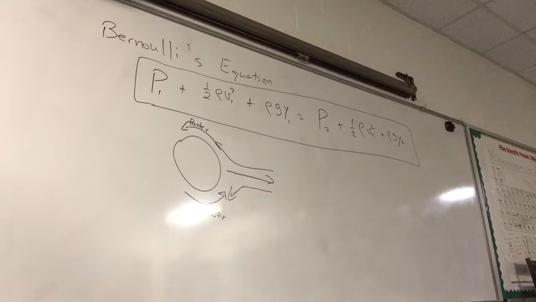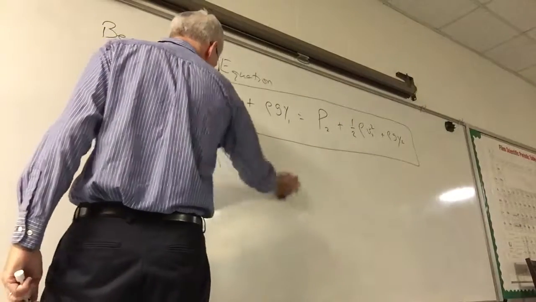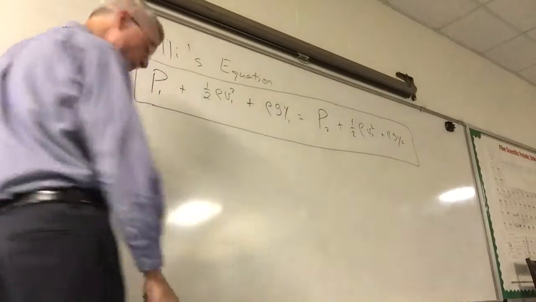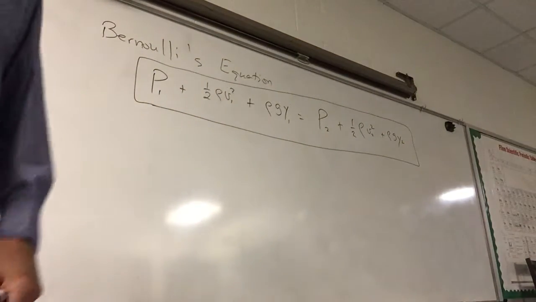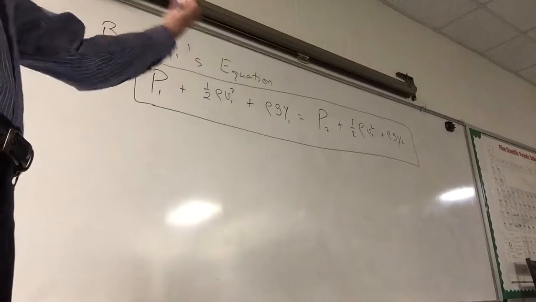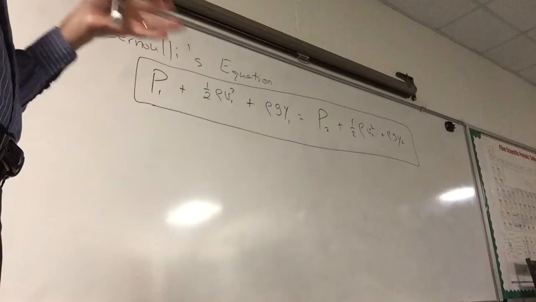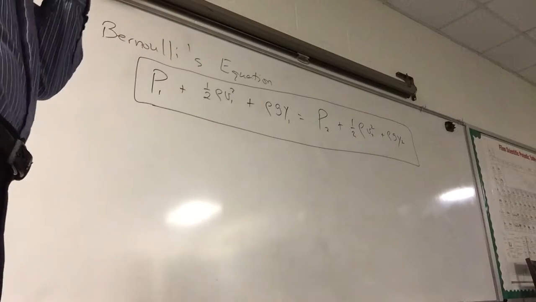Okay. That's just another example of how Bernoulli's equation affects things. There are lots of examples. A sailboat uses Bernoulli's equation to line up the sail so that the wind's passing faster on one side than the other, and that makes the pressure greater on the side where it's going faster.